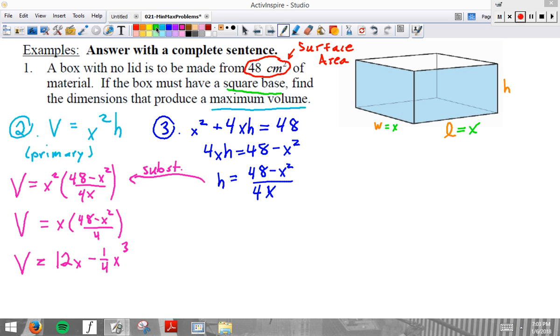Now, if I want to define the domain here, I'm basically thinking about what is the largest input I could have and what is the smallest input I could have here. It's not immediately clear.